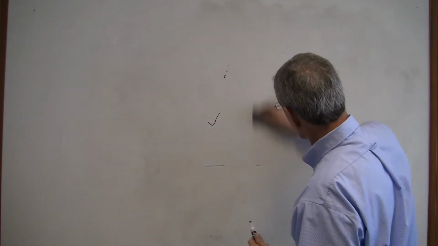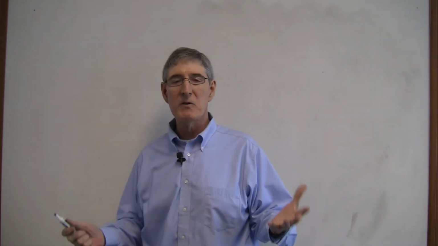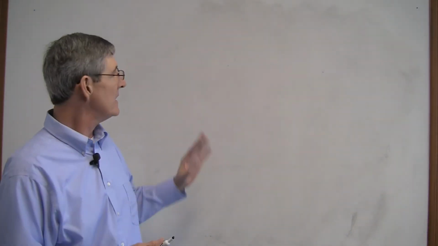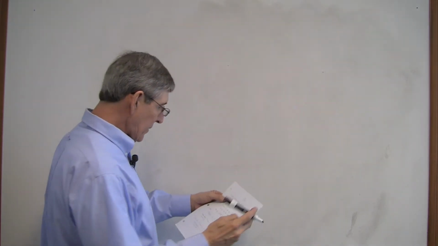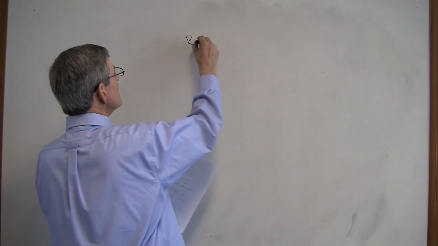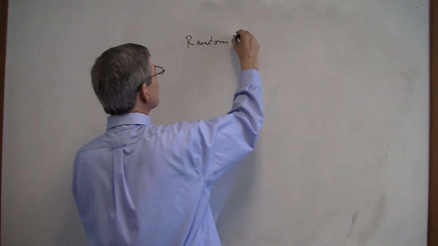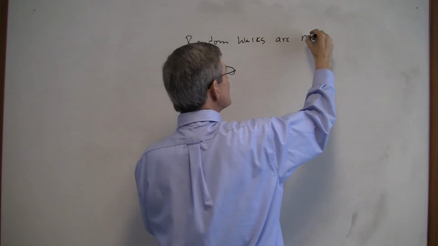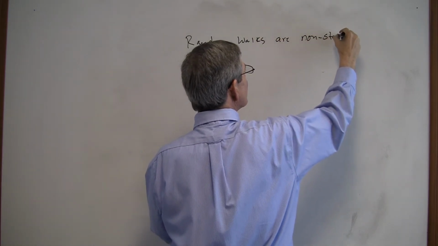Here's the problem. That random walk with drift is the model almost all macro time series econometricians assume for GDP. But there's a problem. Random walks, both of them that we've looked at, are non-stationary for two reasons.